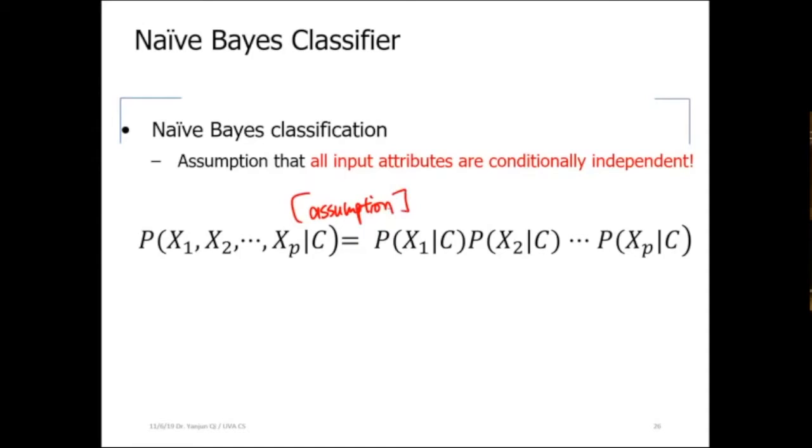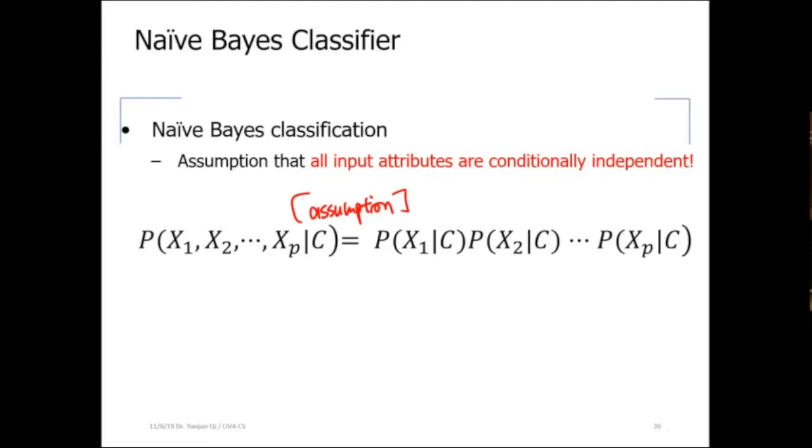Now this part is super easy to calculate. Now go back to the graph. What do I mean by the model now, if I have this assumption? What do I learn from my training data?